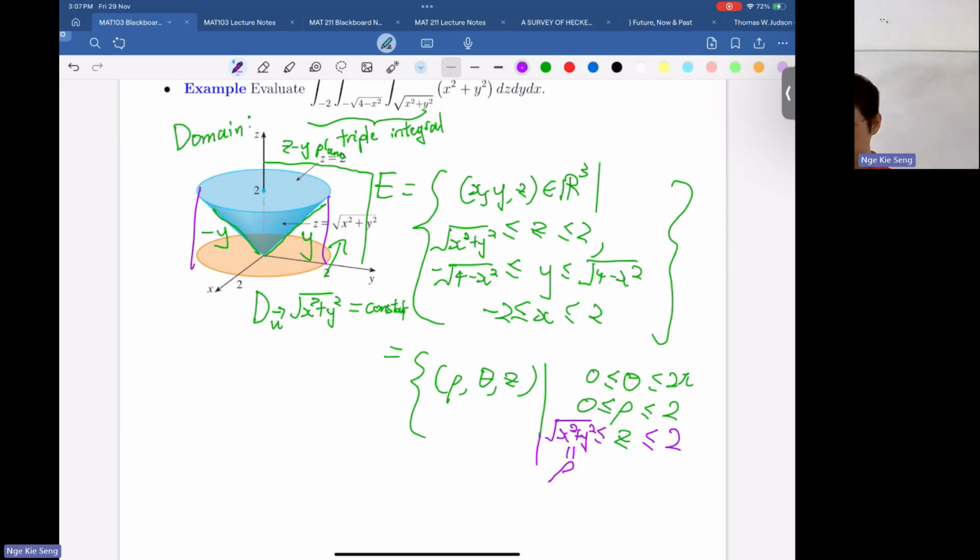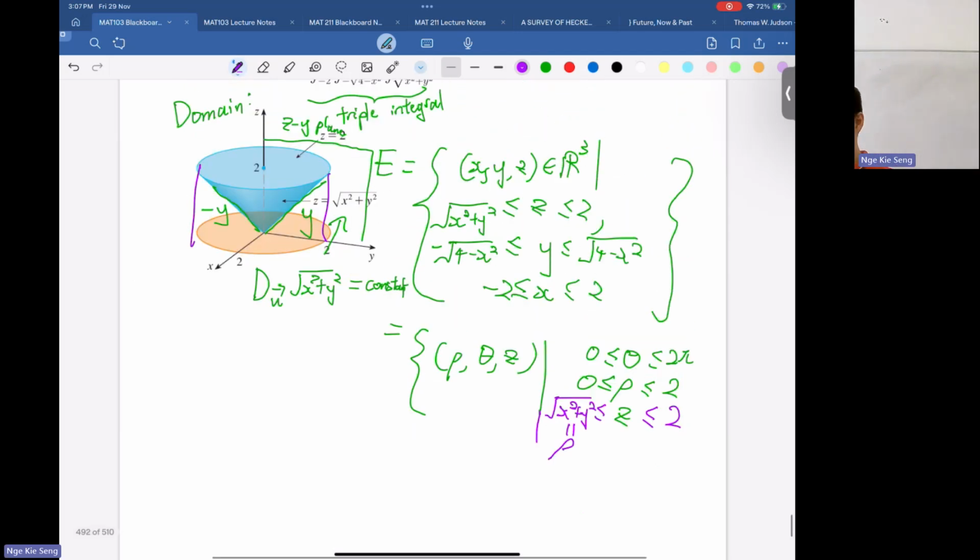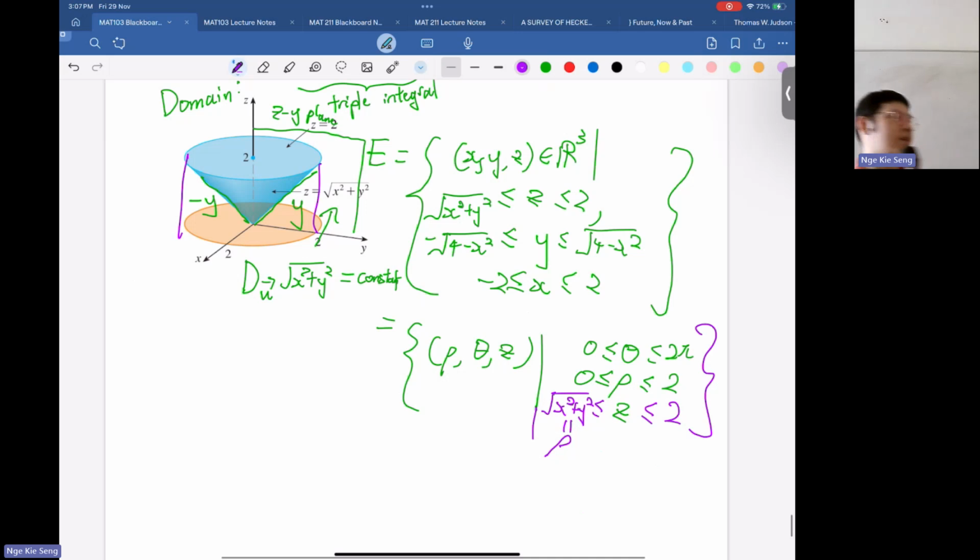All right. So can you see that once we change the set of variables, our integration domain becomes easier. Do you know why it's easier? Many of them are only bounded by scalars. Scalars are easy to compute, otherwise you have many variables to take care of.